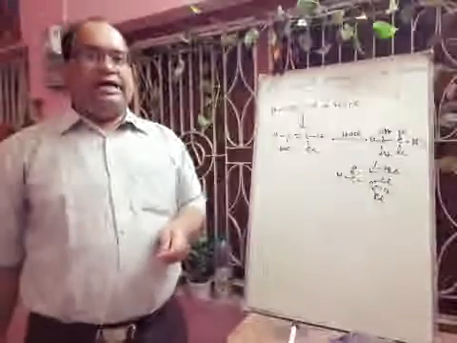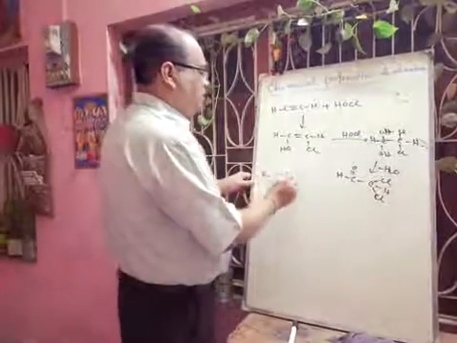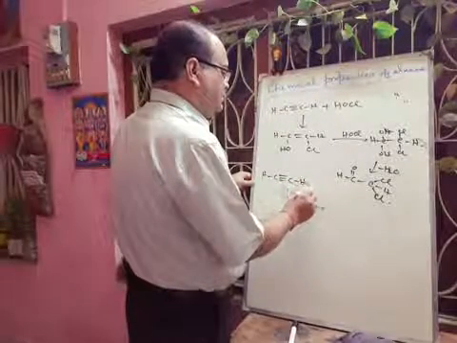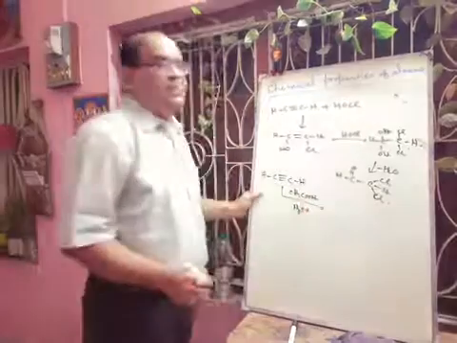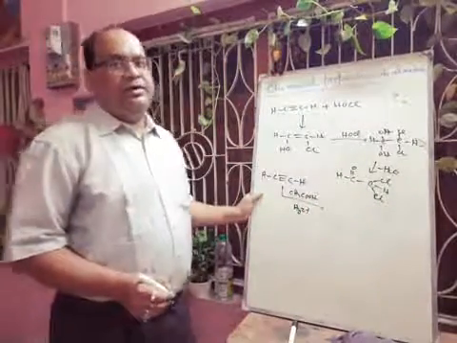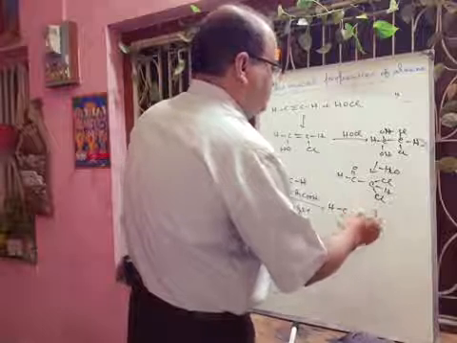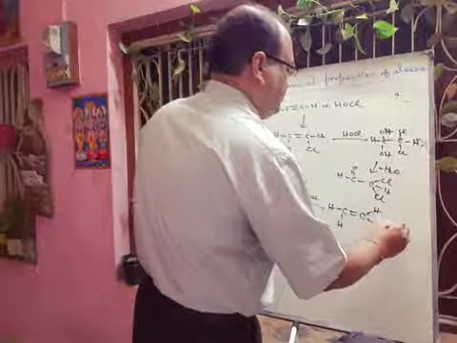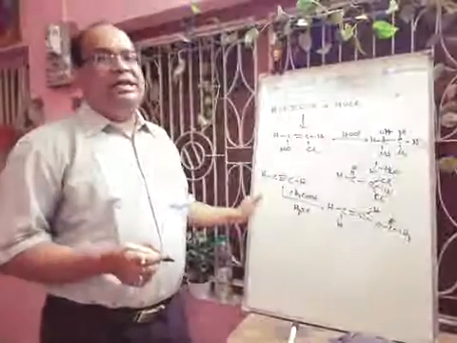Next we will discuss the addition of acetic acid. HC triple bond CH. If we add CH3COOH, and here you have to use Hg2 plus. Okay. Now what will happen? You will get the vinyl acetate. And this is called vinyl acetate.